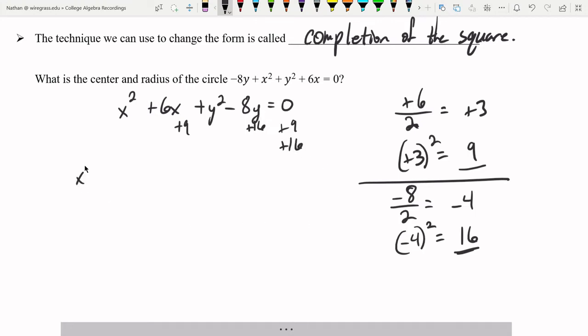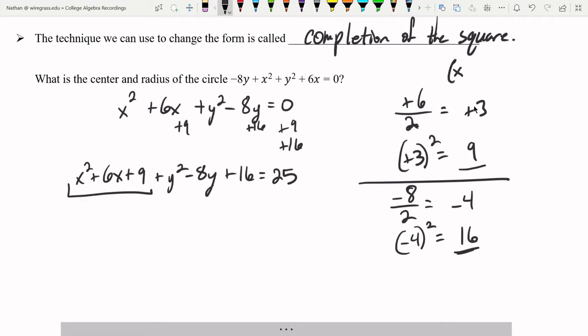Okay, that's going to give me x squared plus 6x plus 9 plus y squared minus 8y plus 16 equals 9 plus 16, which is 25. And now I can factor these. The first will factor down into x and then whatever this number is here.